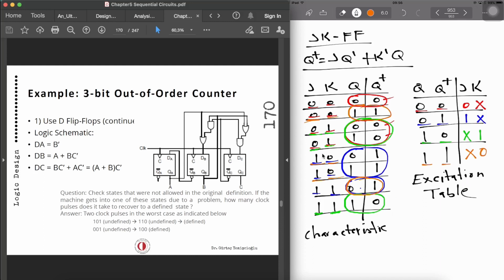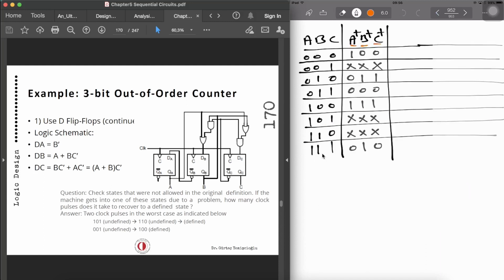Now we are going to use this information, the excitation table, so that we can derive the state table required over here. Now, what do we need? We need to have JA, KA, JB, KB, and JC, KC.